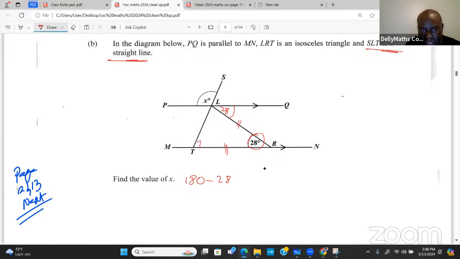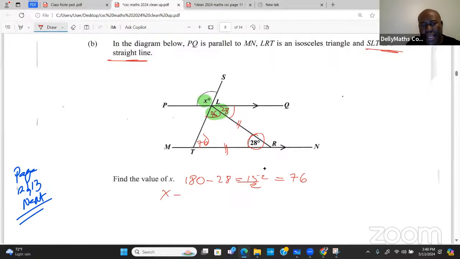So this is 76, and this is 76. We end up with 152 divided by 2, 76 for each.